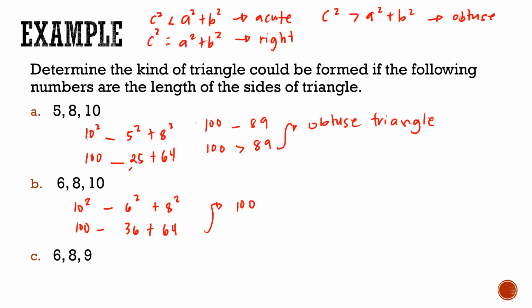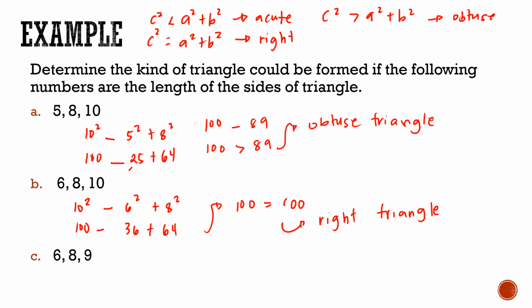So we got 100 is equal to, since 36 plus 64 is obviously equal to 100. Since they are equal, therefore this is an example of a right triangle.